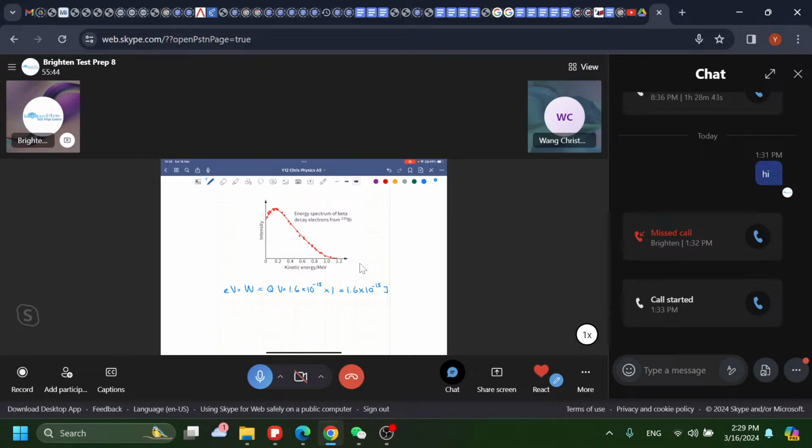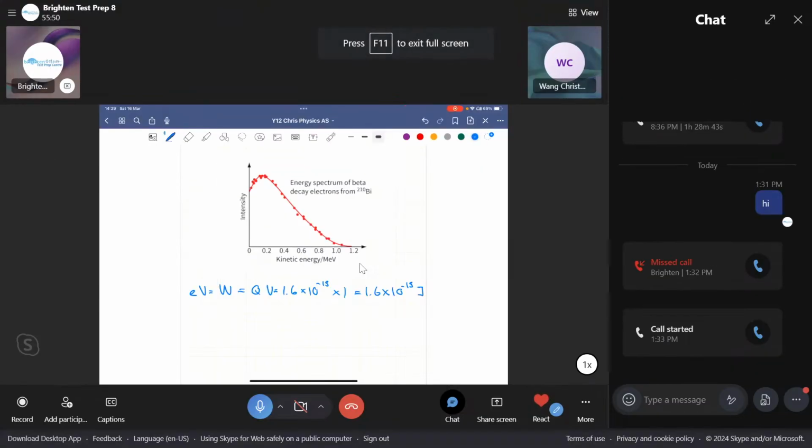The reason why we do that is because if we now have one electron, which we know has a charge of 1.6 times 10 to the power of minus 19, and we take 2 volts, what is then the energy? How many electron volts do we have then?